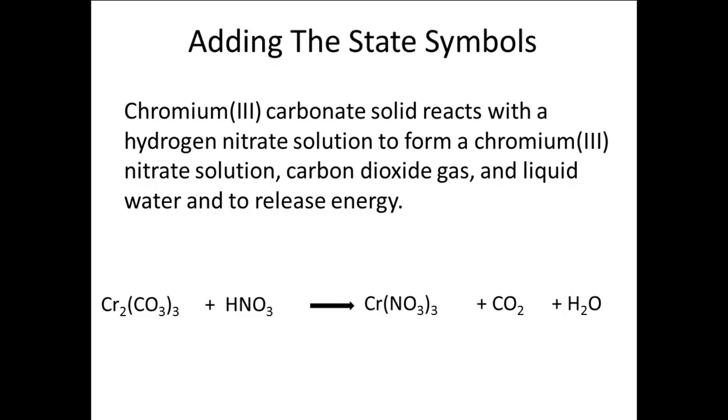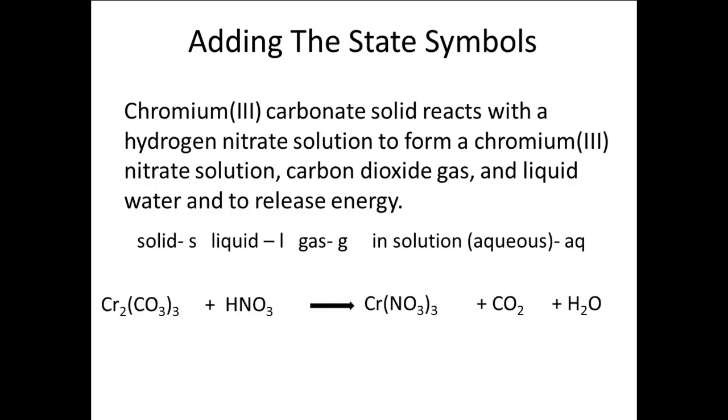If the information is given in the sentence, then we should add symbols which indicate what the state of each particular substance is. There are four main state symbols. Solid is S, liquid is L, gas is G, in solution, or aqueous, AQ. Aqueous means in water.